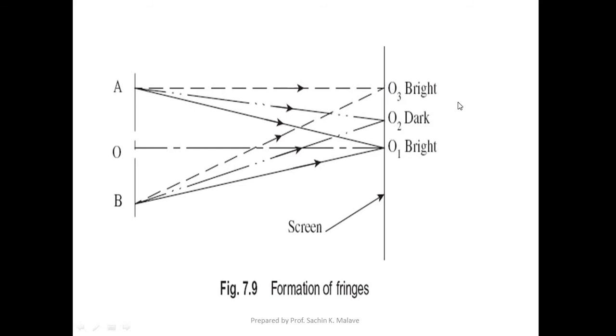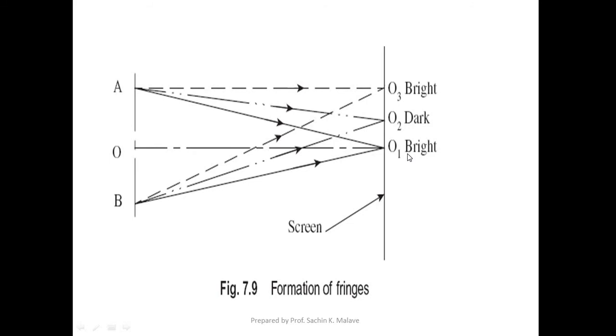So these bright spots and dark spots form a pattern, a set of fringes is formed. That is called a fringe pattern.